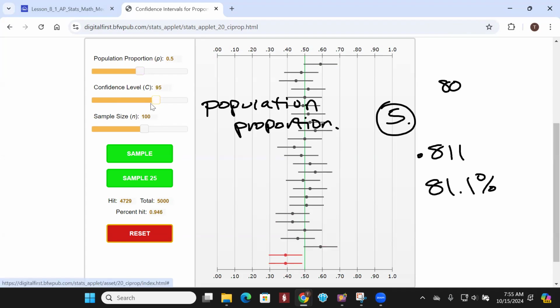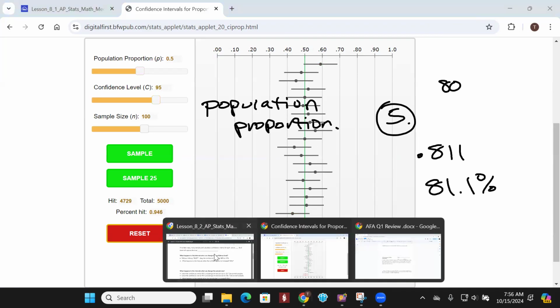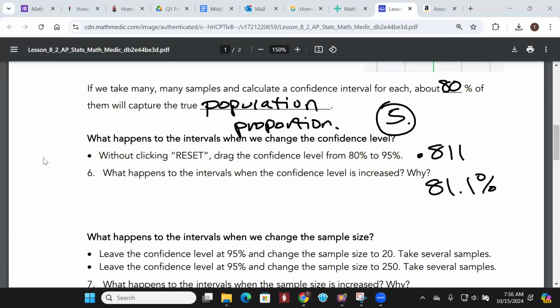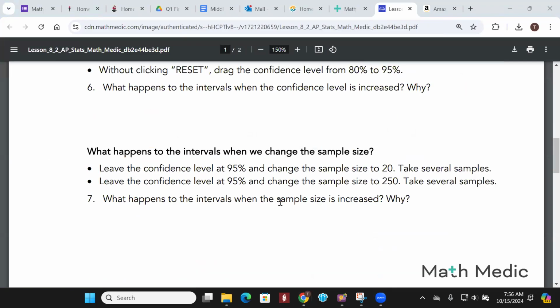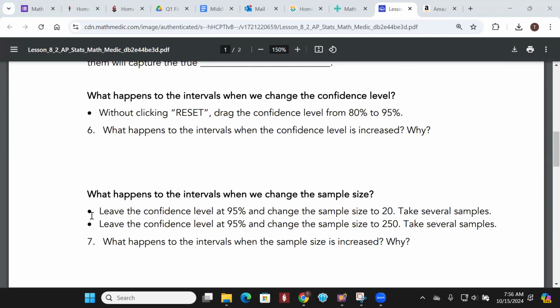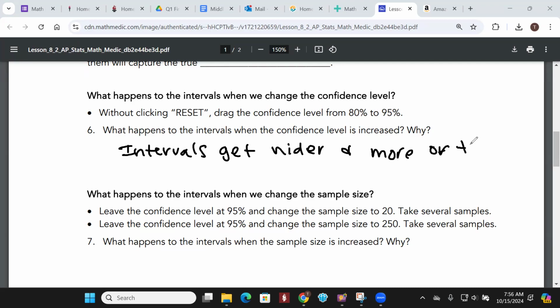Okay. The intervals get wider. Yeah, the intervals get wider. So coming back in here. When we click from 80 to 95%, the intervals get wider. And more of them capture 0.5.